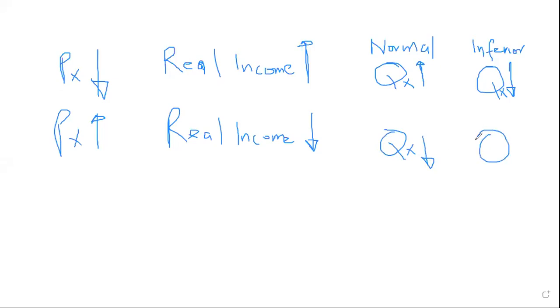And if it is an inferior good, the quantity would rise. Right? So again, income effect is a change in quantity as a result of changes in the real income of the consumer. And the income effect will be dependent on the type of commodity, whether the commodity is a normal good or an inferior good.